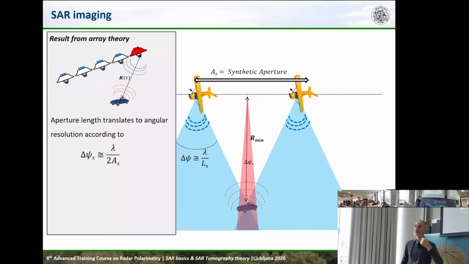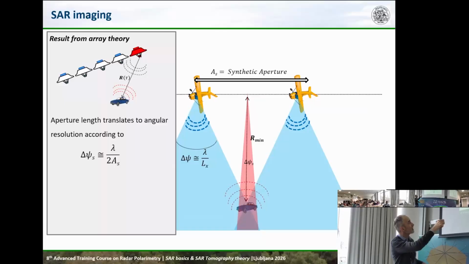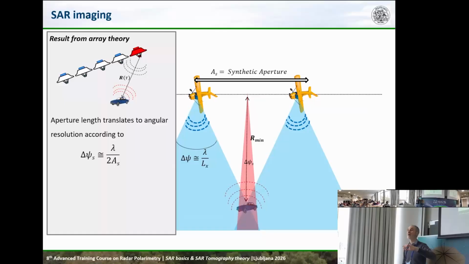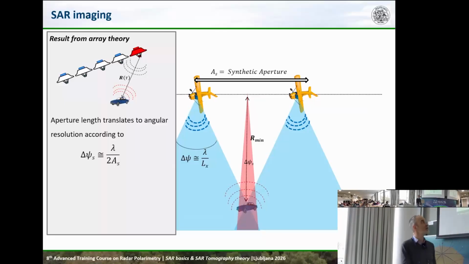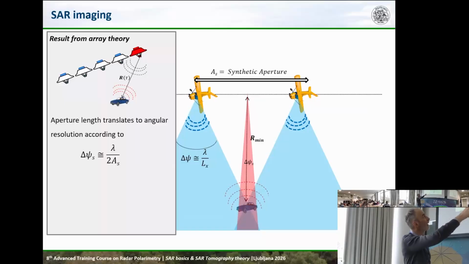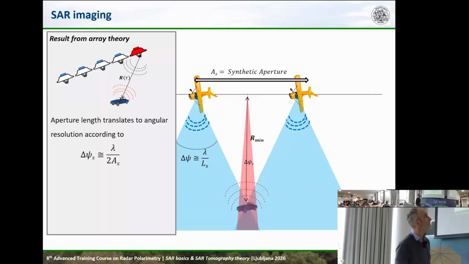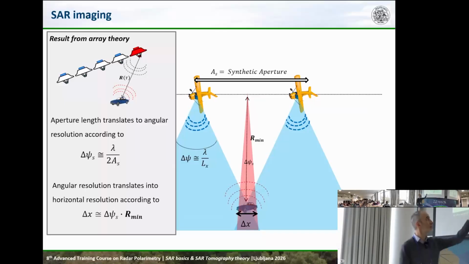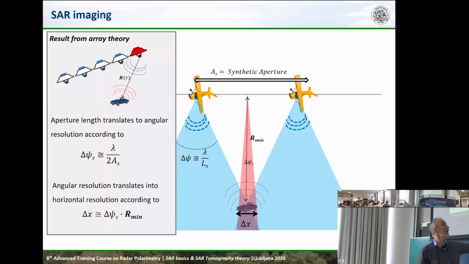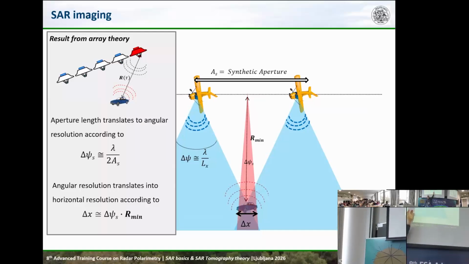By the formula that we saw before, this leads to an angular resolution delta psi equal to the ratio of the wavelength to twice the synthetic aperture. So it's exactly the same. Just imagine that you have an array of antennas here. Now if you multiply by the range, you have the linear resolution.